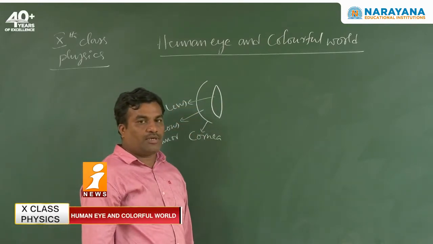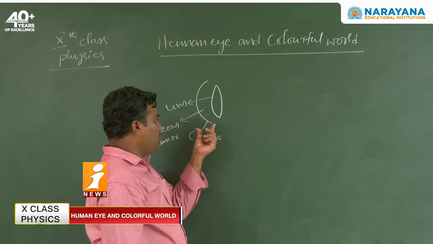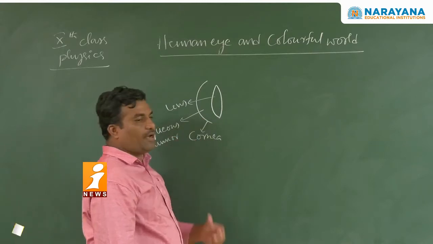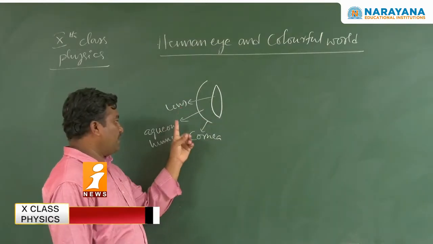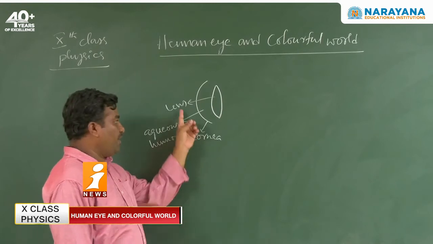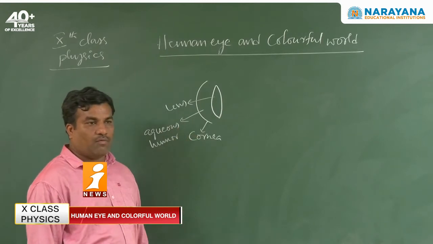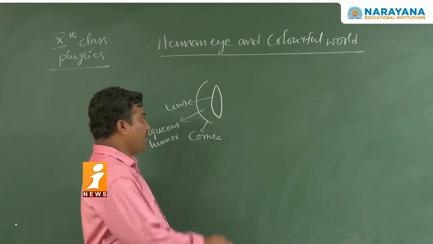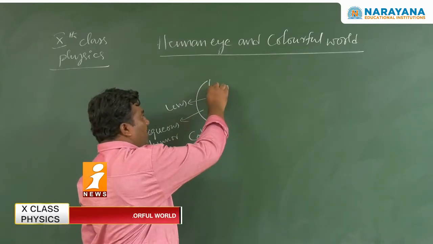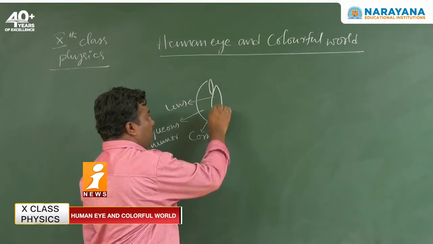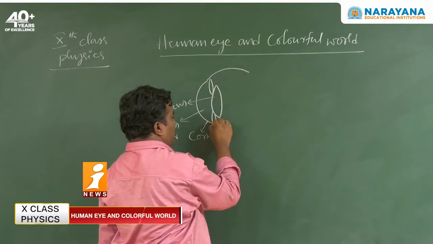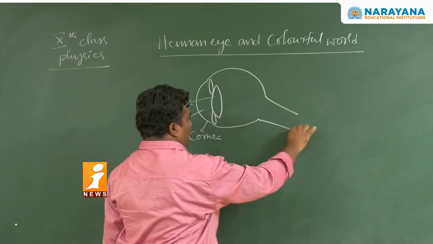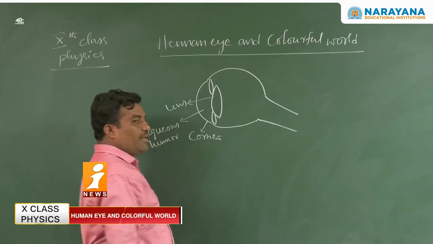The cornea is the protective membrane, and in between we see the aqueous humor. Here we can see the lens and aqueous humor, and in between them we have one more component, the iris.